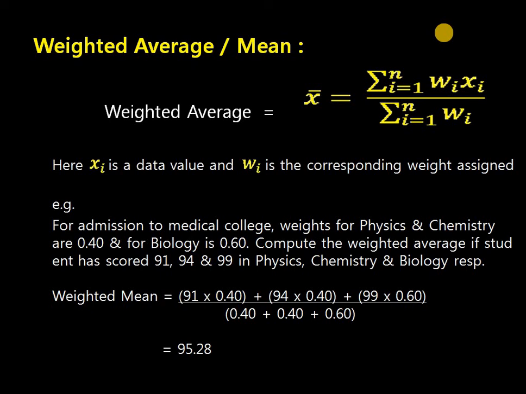For example, 91 is the marks obtained in physics, the weight assigned to physics is 0.4, so the product is 91 into 0.4, plus chemistry marks are 94 and the weight is again 0.4, so 94 into 0.4, plus 99 are my biology marks, which you multiply by the biology weight, 0.6. Adding these and dividing by the total of the weights, 0.4 plus 0.4 plus 0.6, leads to the answer 95.28.